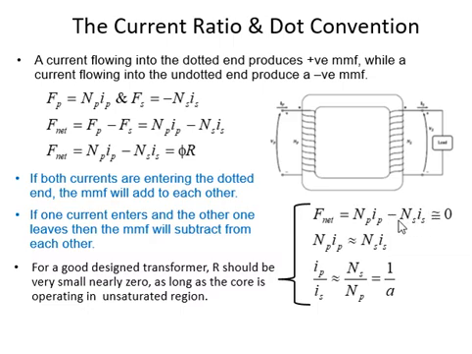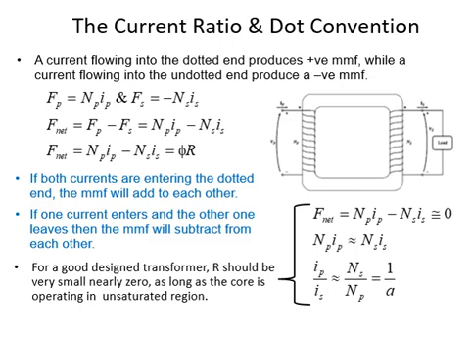On the other hand, we can see that NPIP and NSIS would be approximately equal to each other, and we can also calculate the transformation ratio from the currents and the N of S and primary.